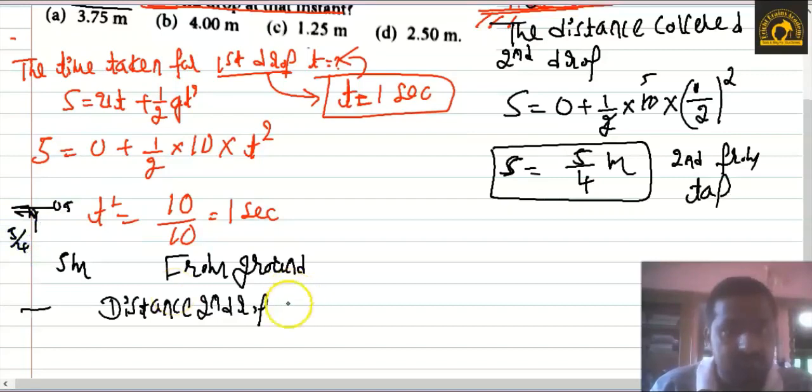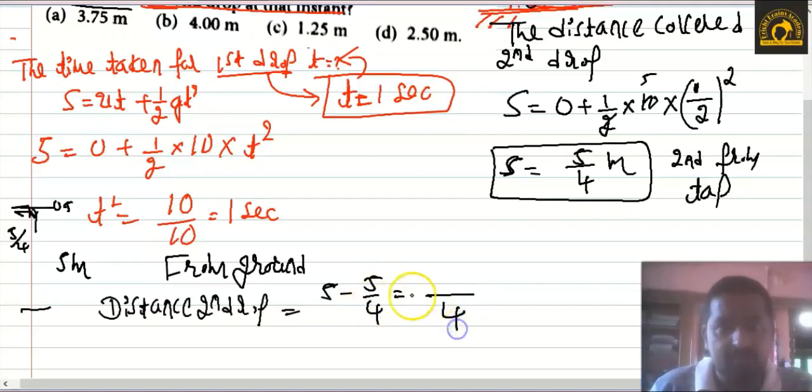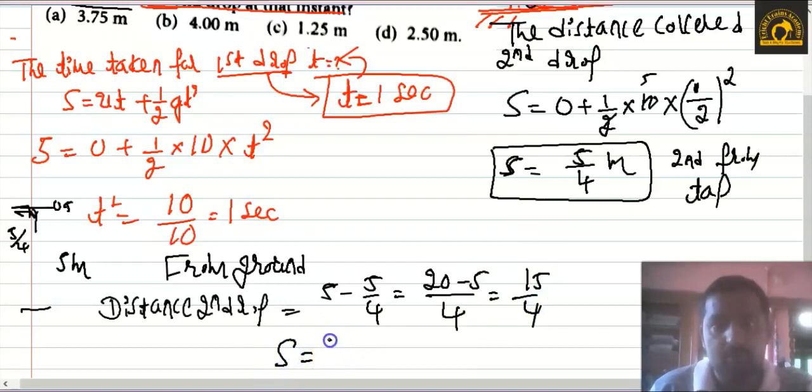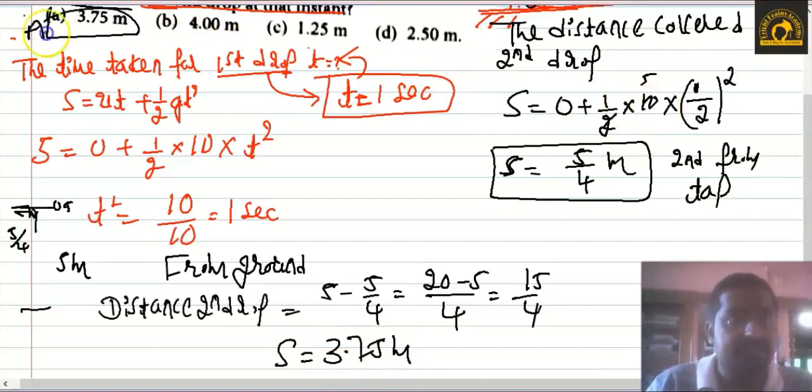So the distance from the ground is equal to 5 minus 5 by 4. For LCM 20 minus 5, that is equal to 15 by 4. So the distance is 3.75 meter. So 3.75, that is option E, the correct answer for this problem.